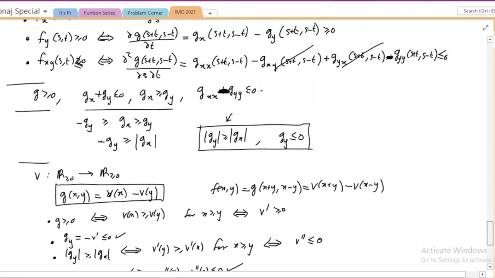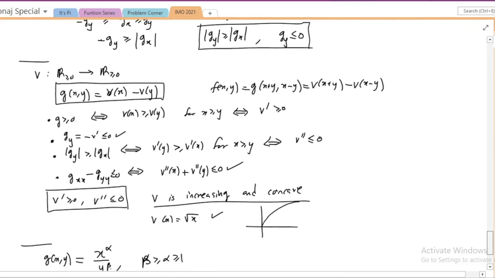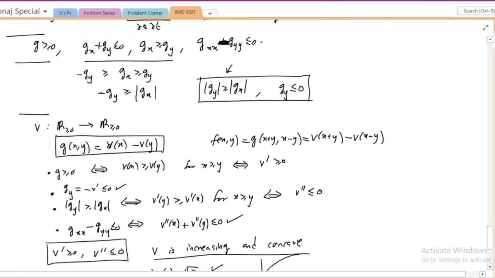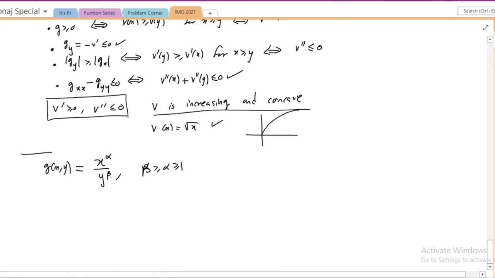Then g of x. So this inequality here, we're just going to look at this inequality. So g_x will be alpha x to the alpha minus 1, y to the beta. And g_y is minus beta x to the alpha, y to the beta plus 1.